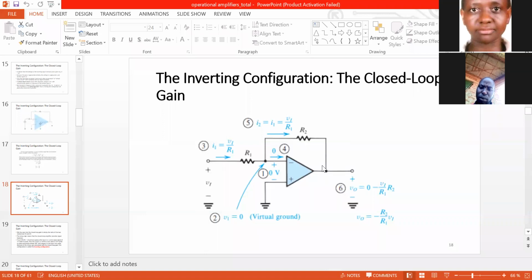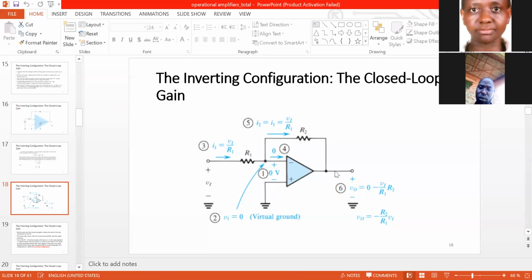Alternatively, the simpler way is to say we know the voltage at this end of R2 is 0. We know the voltage at the output end of R2, or the right side of R2, is V0.